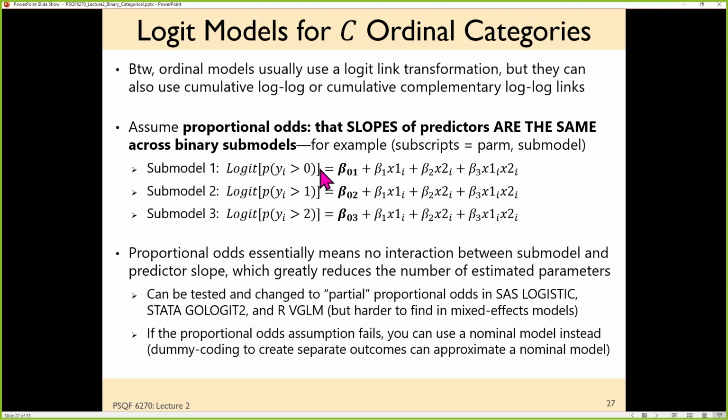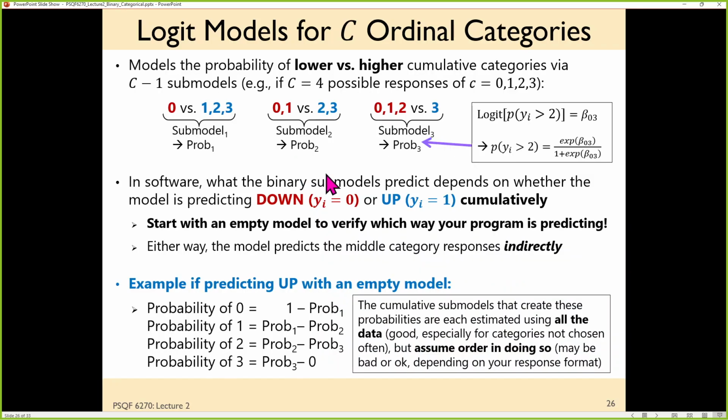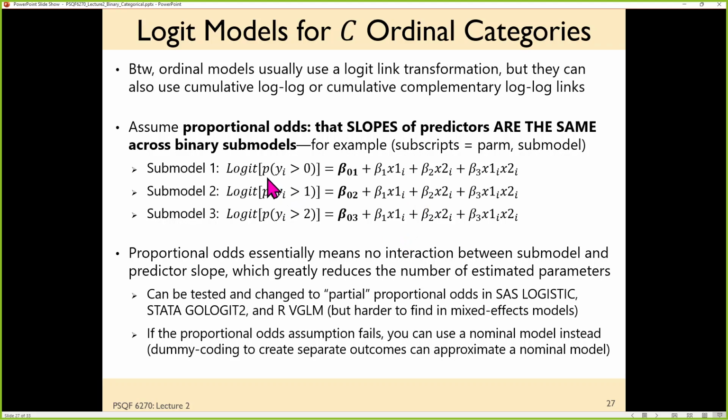It ends in 2 if it's that one, ends in 3 if it's that one. So the way that I've worded the equation here, I am predicting the probability that y is greater than 0. That's this submodel right here. I'm predicting the blue. The second one is y greater than 1, predicting this blue, and then y greater than 2, predicting this one. So note, these are greater than signs, not equal signs. So it's a little bit of a switch. Then the rest of it, I have an x1 predictor with a slope, I got an x2 predictor with a slope, and I got an interaction.